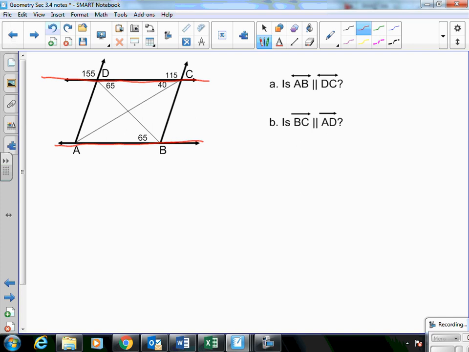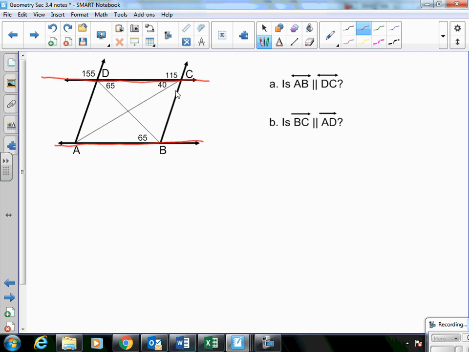We're trying to figure out if those two would be parallel. When we look at those two, line AD and line BC would be representative of transversals, and so would DB and AC. So we have four possible transversals connecting these two lines.